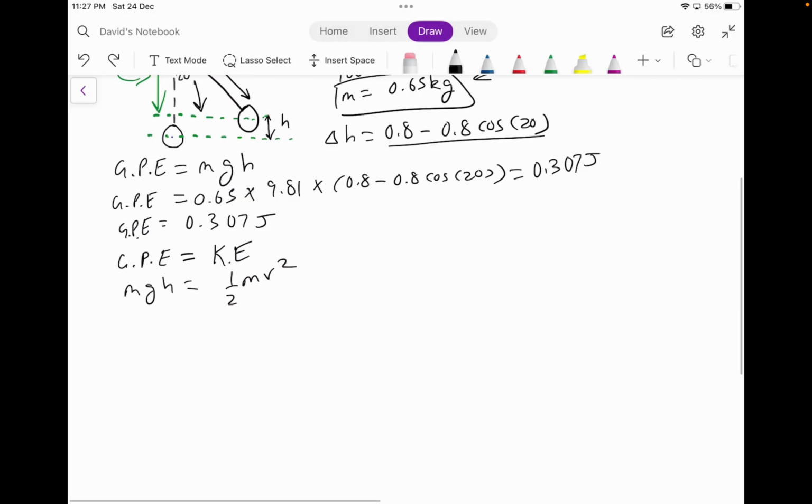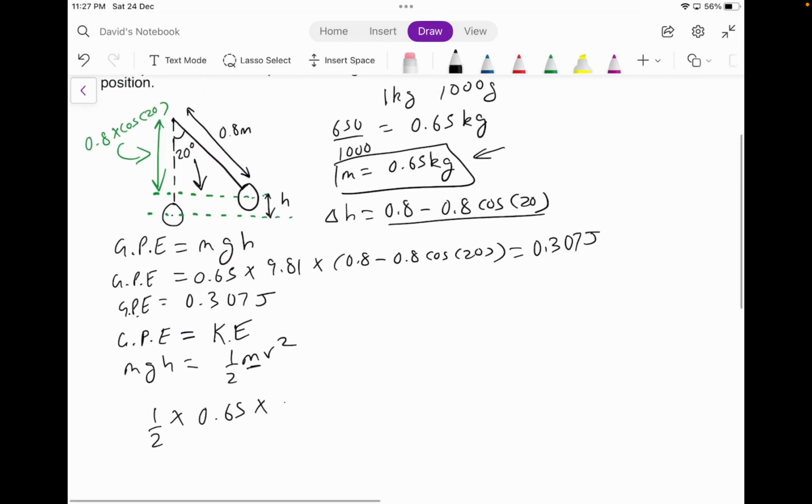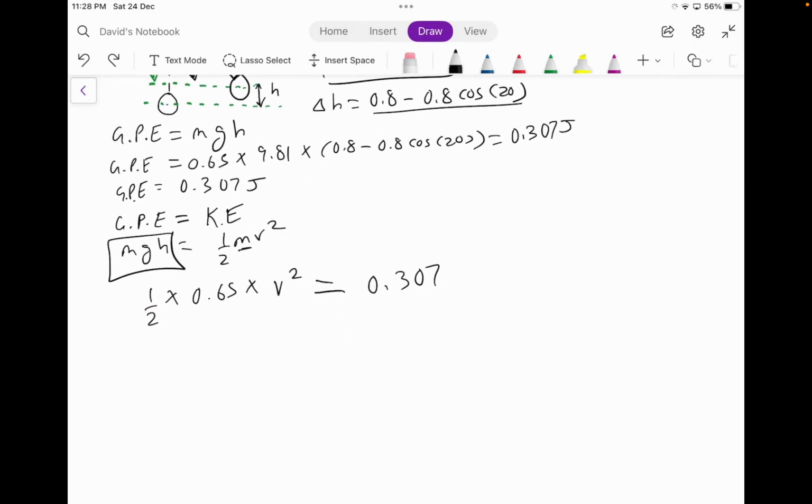So that means we can rearrange this equation to make v the subject of the formula. We have half times mass, which is 0.65, we know it from above, times the velocity squared, which is unknown, is equivalent to mgh. And we have found out what mgh is, it's 0.307 joules. Now we're just going to simplify it.